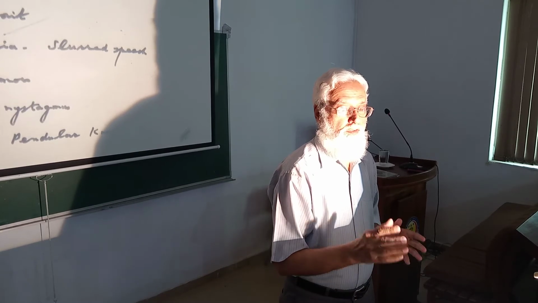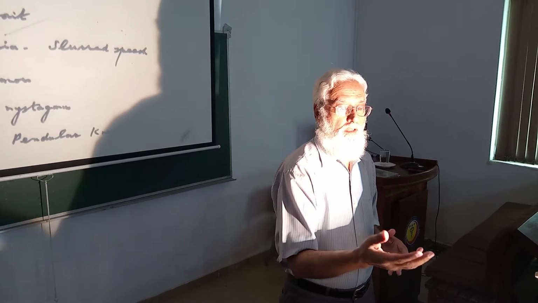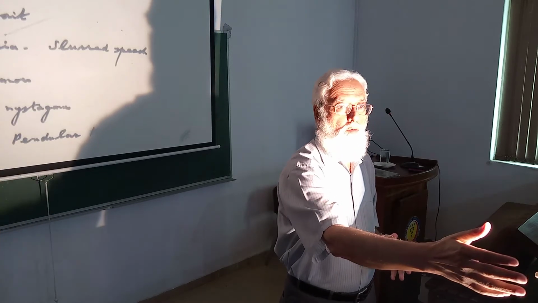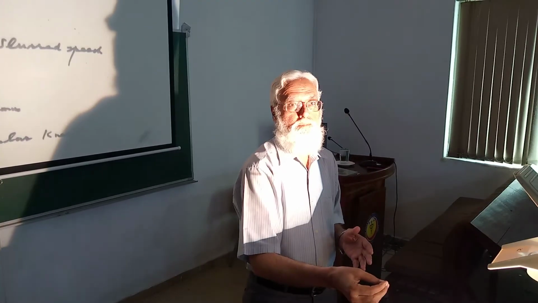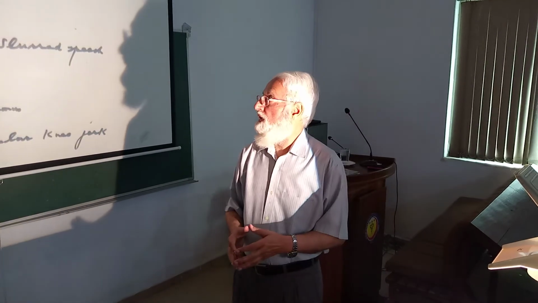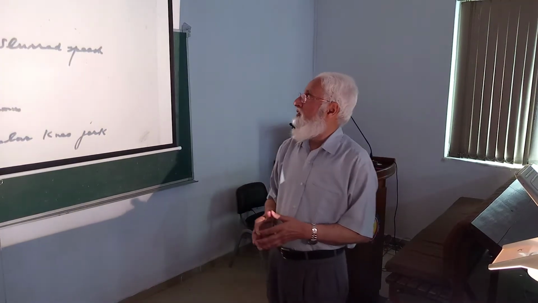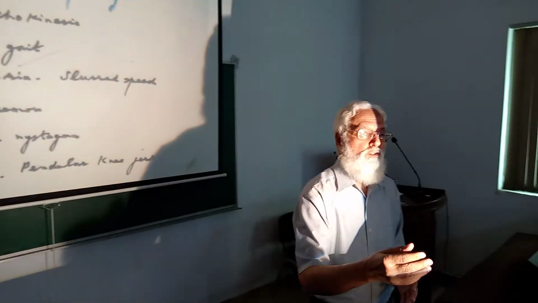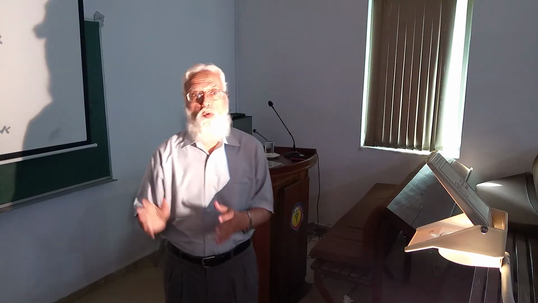This is called dysmetria. One feature of dysmetria is past pointing, that is, the hand overshoots the intended object or mark.